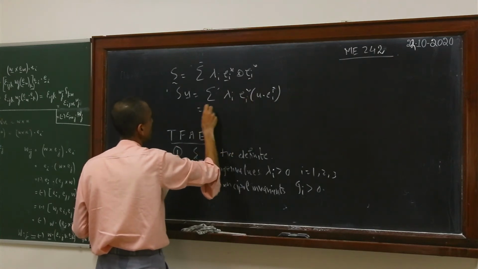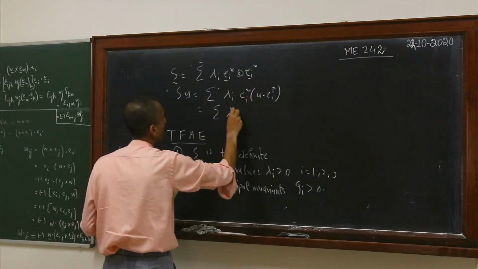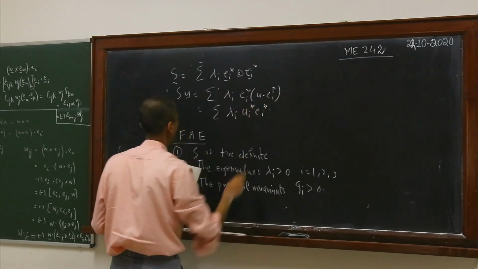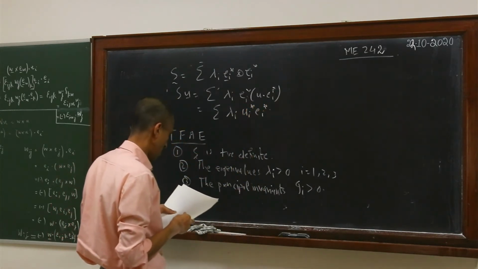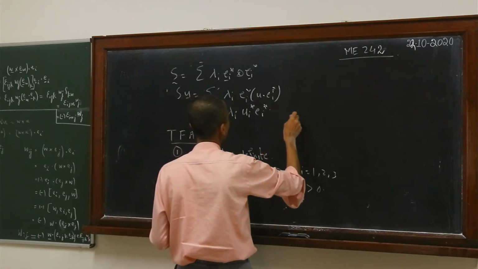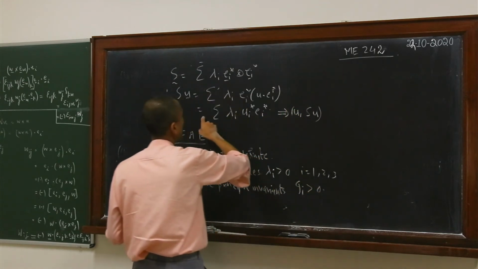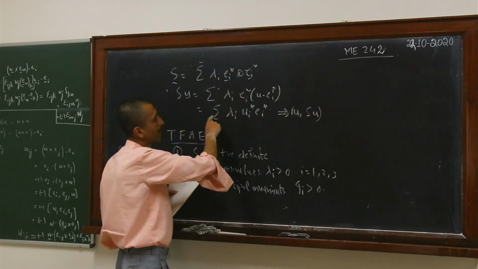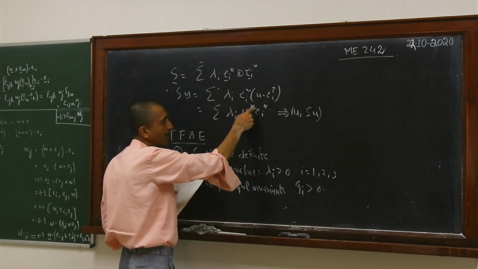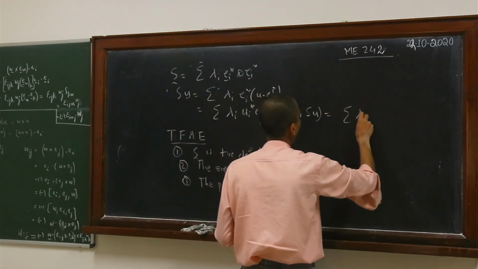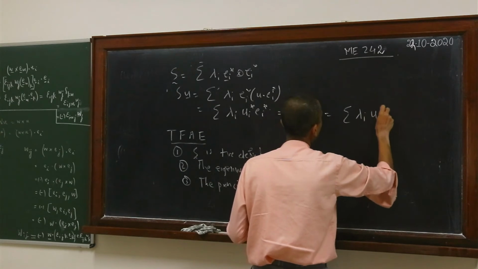So this is equal to summation of λ_i u_i* e_i*. And then if I write (u, Su), take the dot product of this with u, so again u · e_i* will give another u_i*. So this will be equal to summation of λ_i (u_i*)².